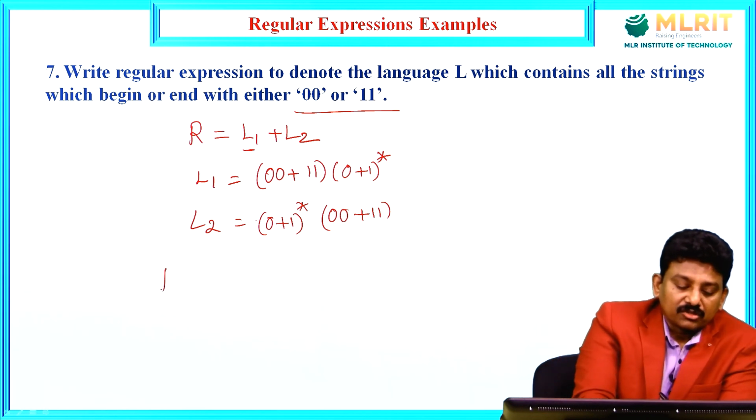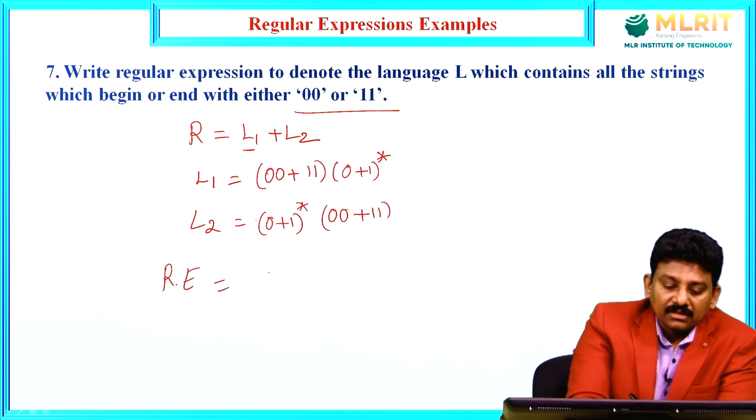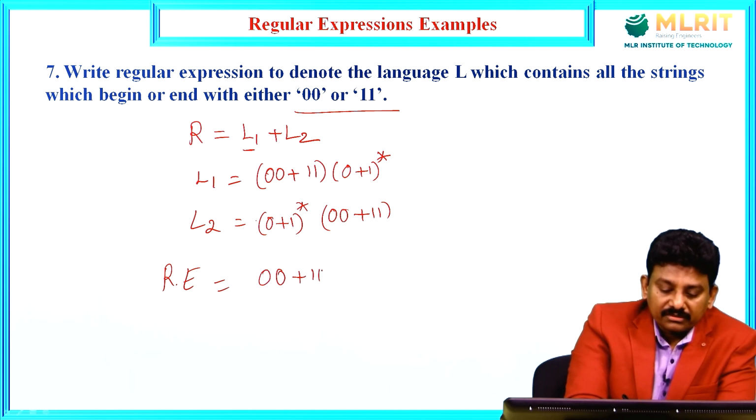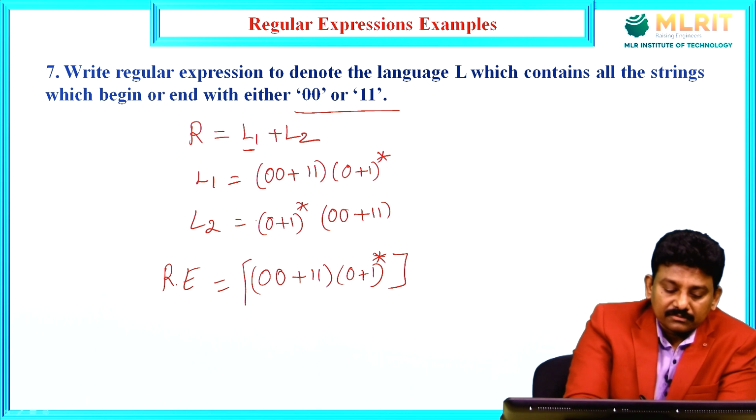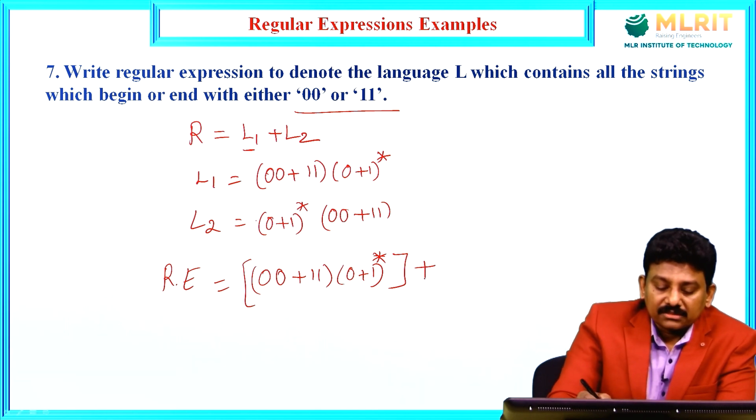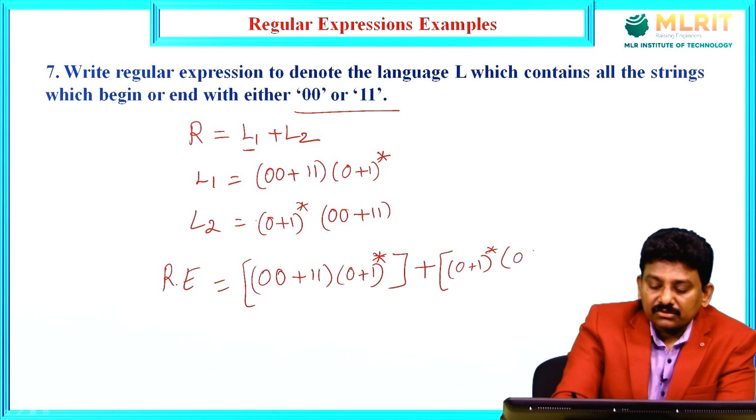So the regular expression for this is L1 plus L2, that is (00 plus 11)(0 plus 1) whole star, plus, that means begin with 00 or 11, or end with 00 or 11, so (0 plus 1) star (00 plus 11).